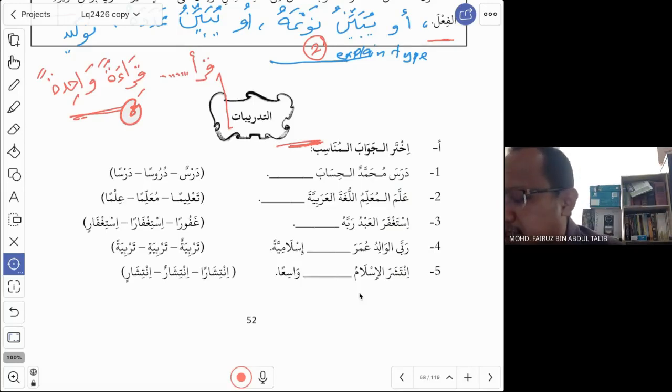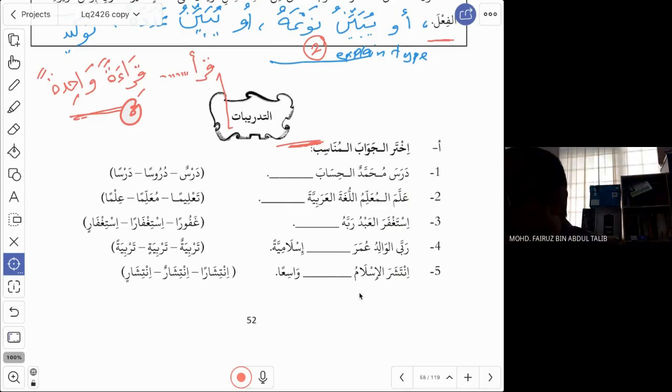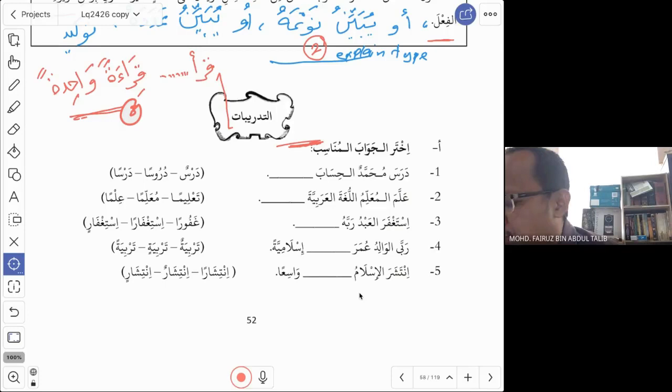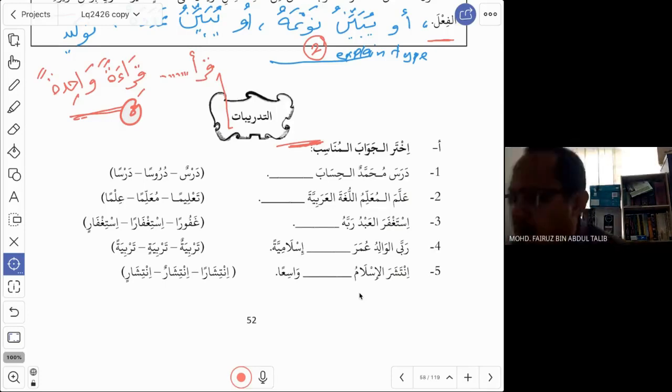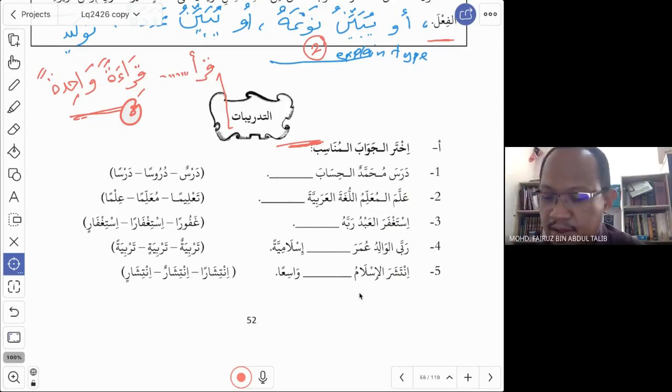Darsun and darsan are the same word. The difference is this one ends with dhamma, darsun, the other ends with a fathah, darsan. Durus is the jama' of the word dars. So which one is the correct choice?